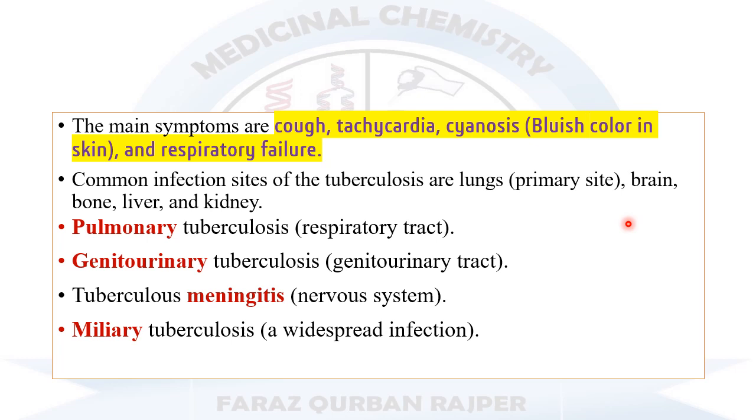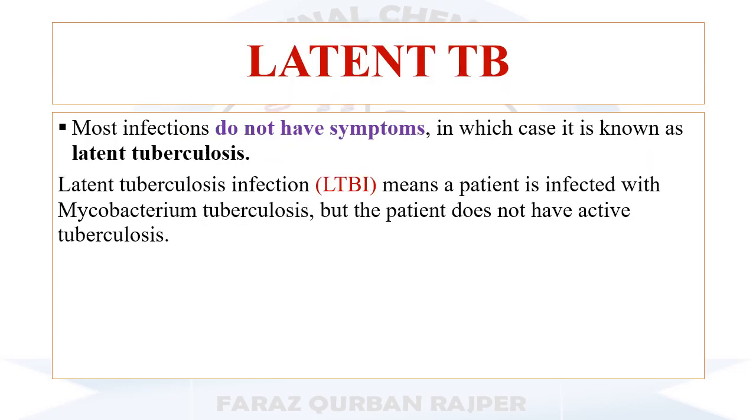Examples are genitourinary TB, which infects the genitourinary tract, meningitis, which attacks the nervous system, and miliary tuberculosis, a widespread infection caused by Mycobacterium tuberculosis.